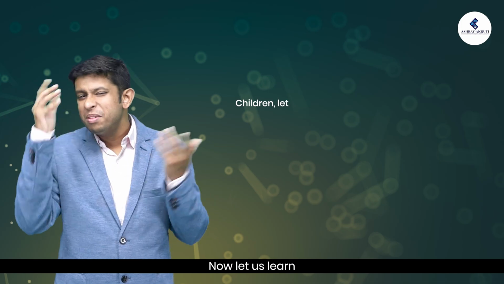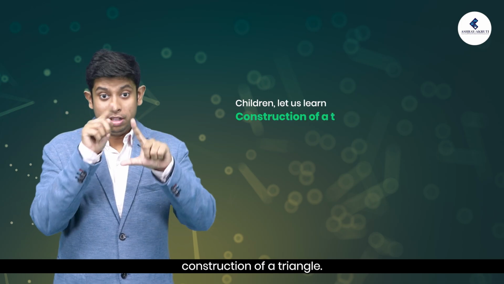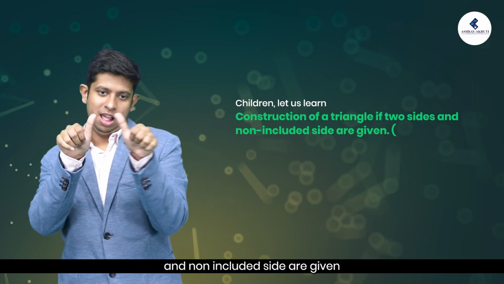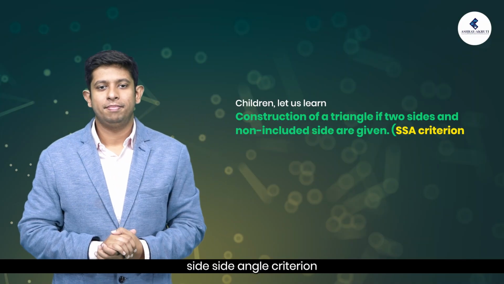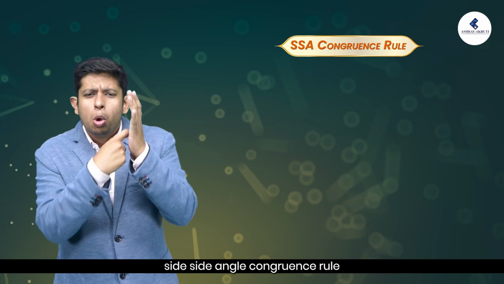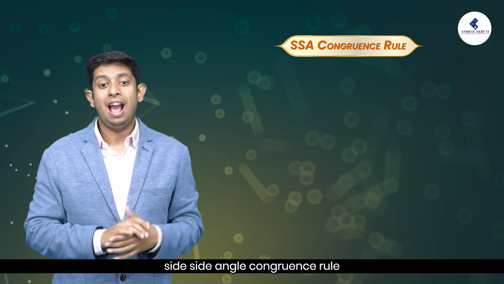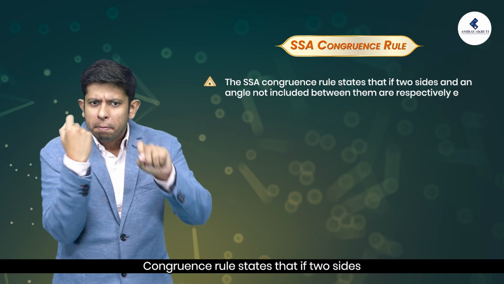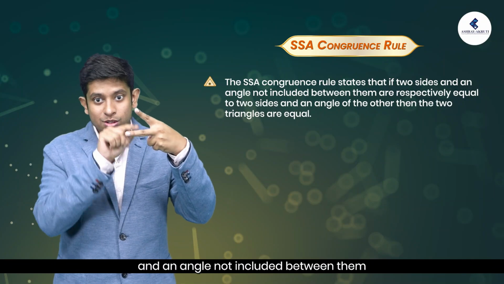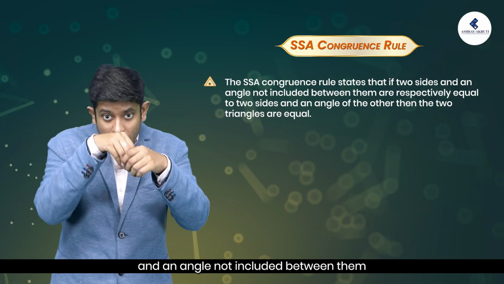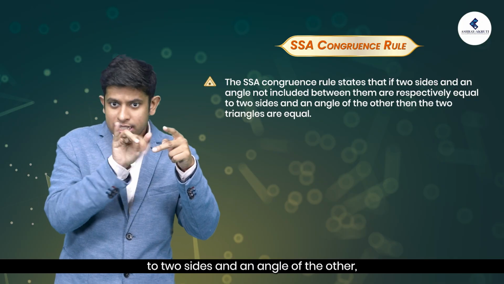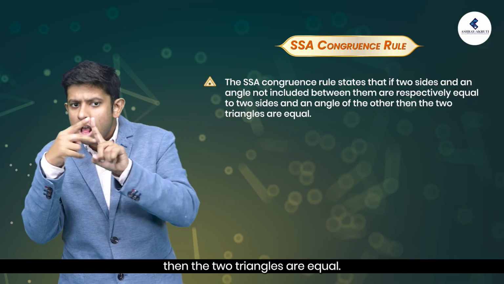Children, now let us learn construction of a triangle if two sides and a non-included angle are given. Side-side angle criterion. Side-side angle congruence rule. The side-side angle congruence rule states that if two sides and an angle not included between them are respectively equal to two sides and an angle of the other, then the two triangles are equal.